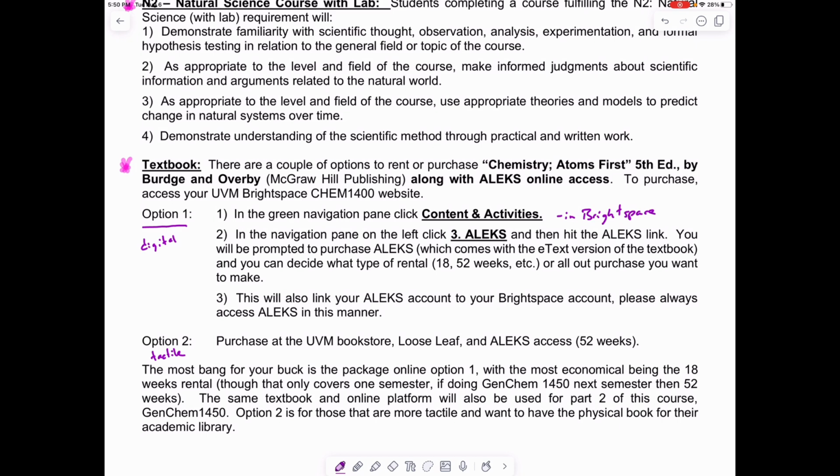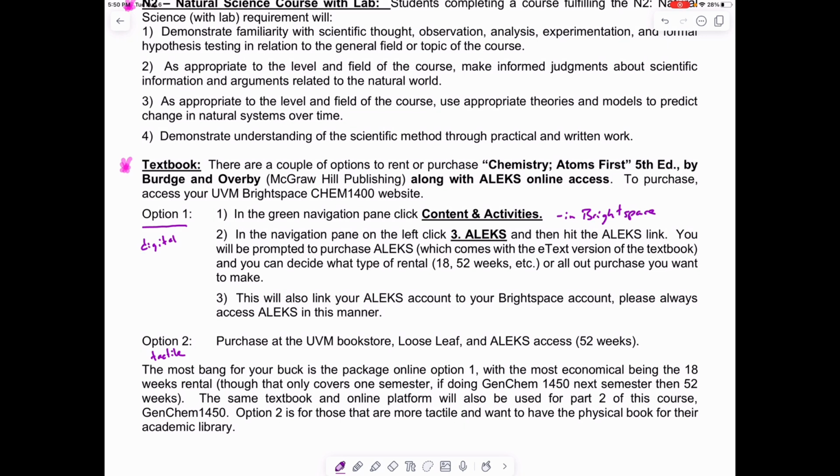If you're more tactile, then option 2 is your choice, and that can be purchased through the UVM bookstore. This is a loose leaf version, and there should be an Alex code at the very front of the text, and that Alex access code is good for 52 weeks.